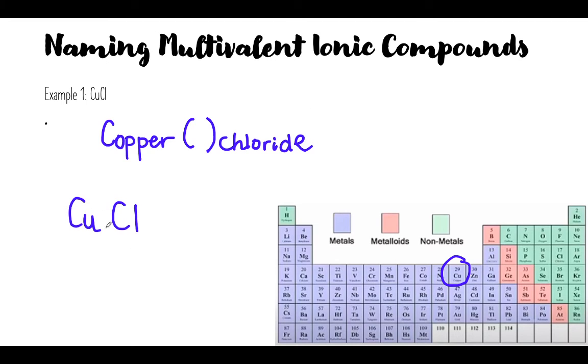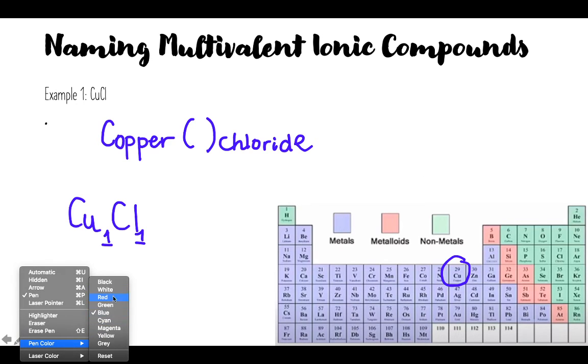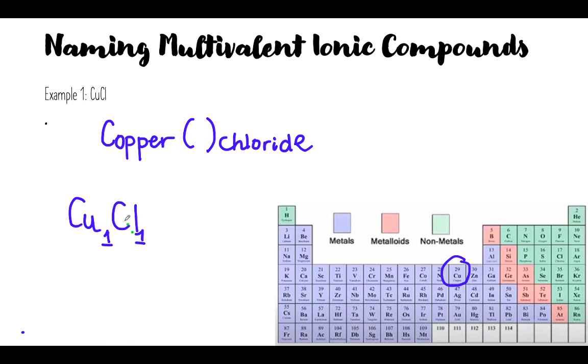We don't see any numbers here, which tells us that the numbers are 1. We never write these, but we know that we're talking about 1 Cu and 1 Cl. If we reverse our process and take it back, you can guess that the number for copper is +1, and the number for Cl is -1.